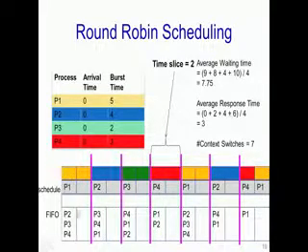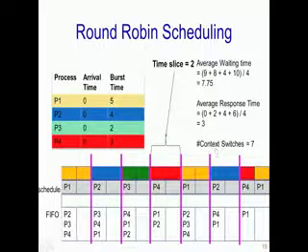P2, on the other hand, enters in the 0th cycle, but gets to execute only after 2 cycles. So, it has a response time of 2. Similarly, P3 enters at 0, but executes only at this point, so it has a response time of 4, and P4 has a response time of 6. Therefore, the average response time is 3.